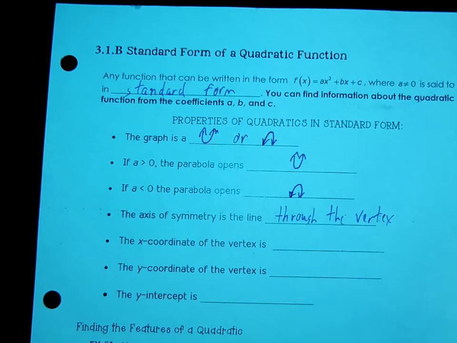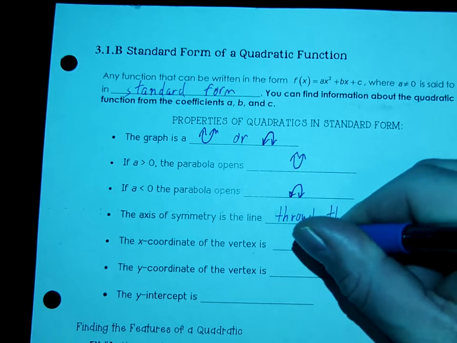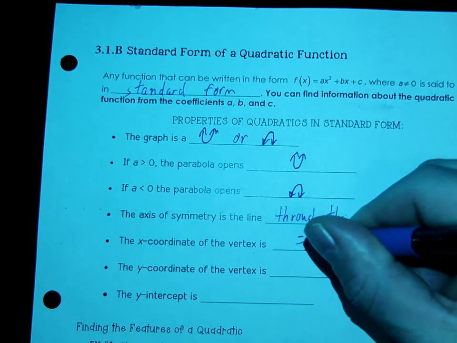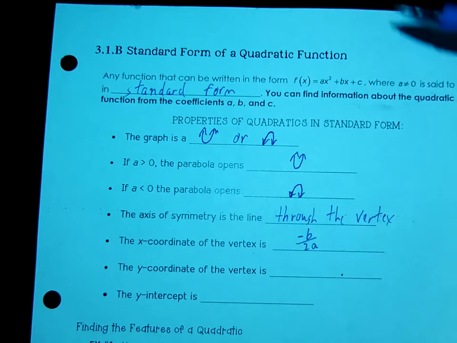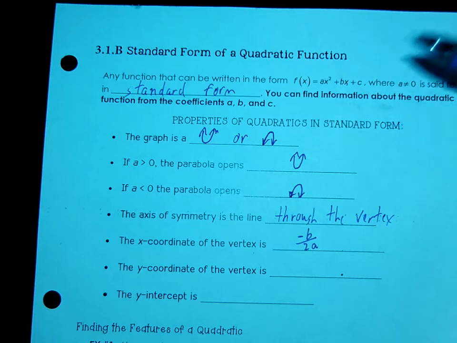The x coordinate of the vertex you can find as opposite b divided by 2a. So you take the opposite of the linear coefficient and divide it by twice the value of the quadratic coefficient.